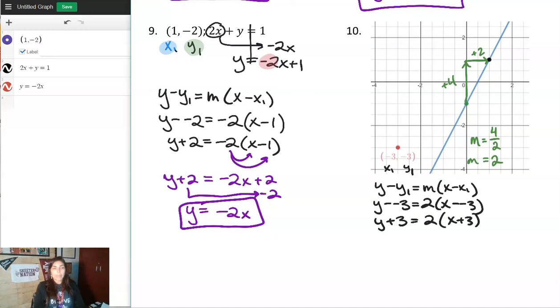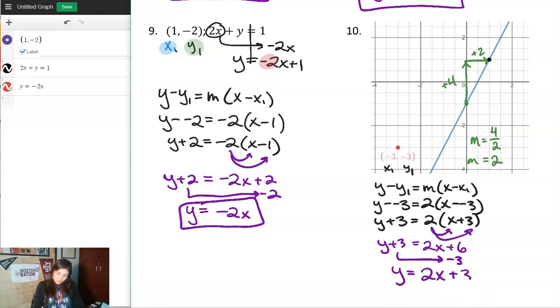Much prettier. And since we want this in slope-intercept form, we're going to distribute: 2x + 6, and then move the positive 3, crossing the line, changing the sign. We think that y = 2x + 3 is going to be the equation that is parallel to the blue line and goes through the coordinate point (-3, -3).